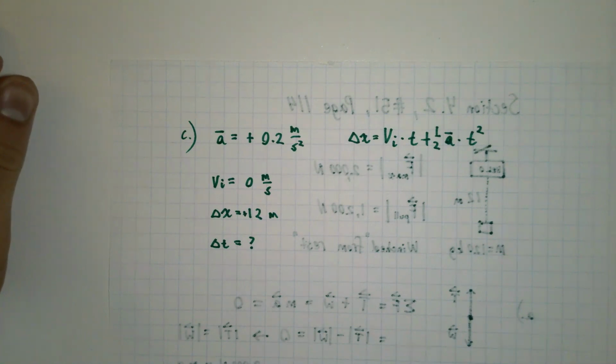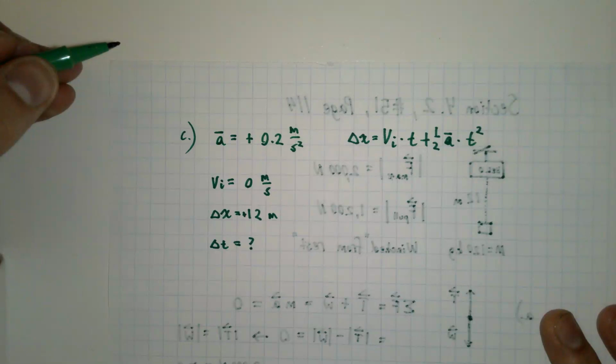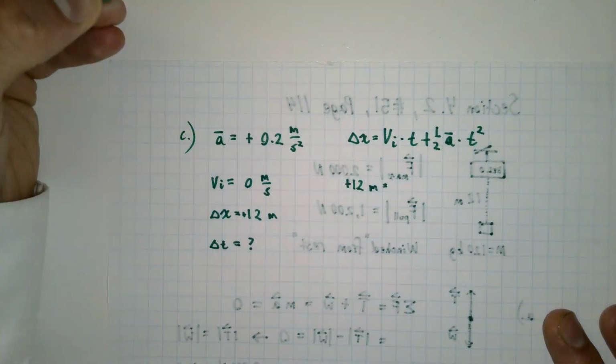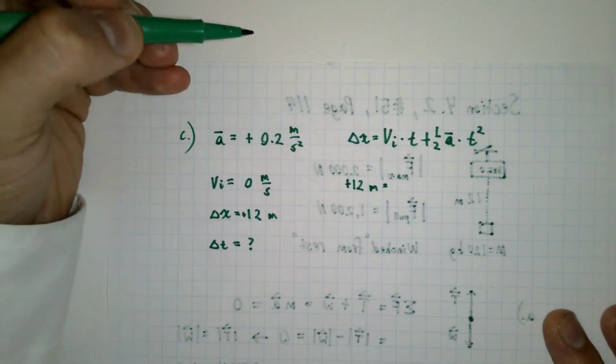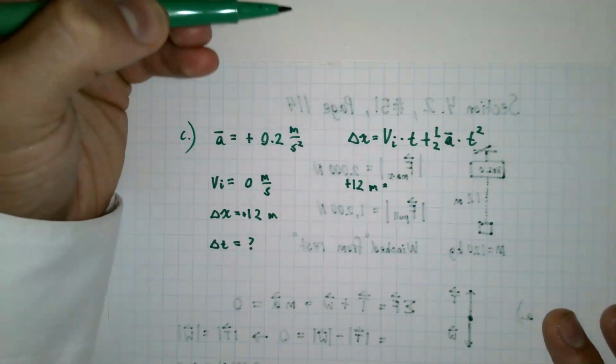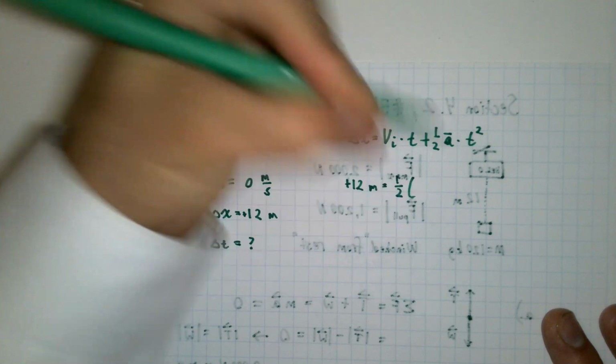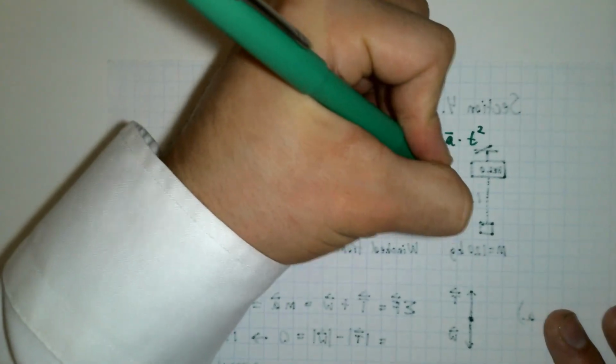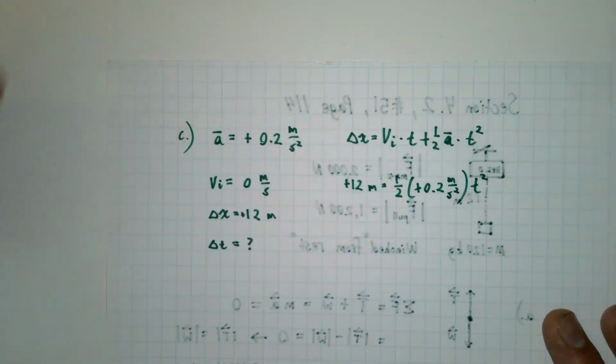What's going to be tricky about this is we're going to have to solve a quadratic equation. If we fill in all of our numbers here, we have positive 12 meters equals our initial velocity of 0. So that term will fall away. Because we have no initial velocity, it'll just be 1/2 times positive 0.2 meters per second squared, times our time squared.